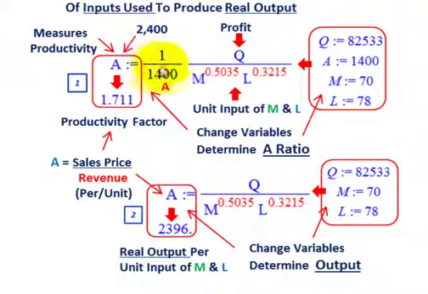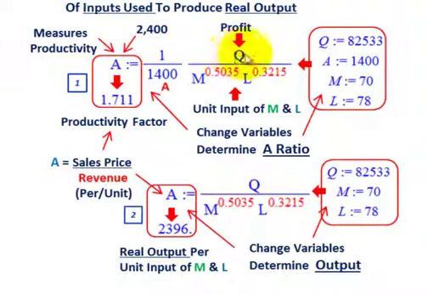That's what it's really telling us: we're more productive than the $1,400 revenue would suggest, based on the profit we've generated. Not to say that you're necessarily going to be able to increase your revenue up to $2,400, but given the profit with the material and labor inputs I'm showing here, our measure of productivity would have gone up to 1.7 times our $1,400, up to approximately $2,400. So you can see what's going on.